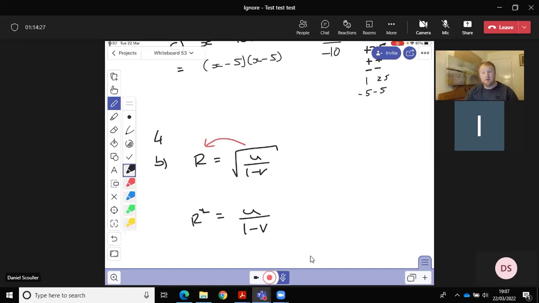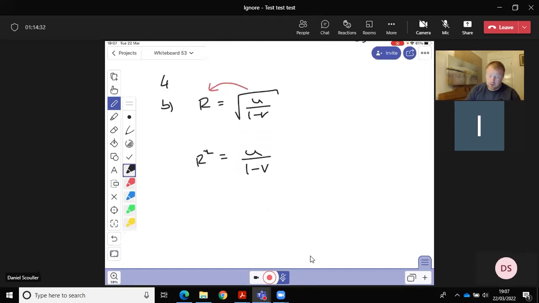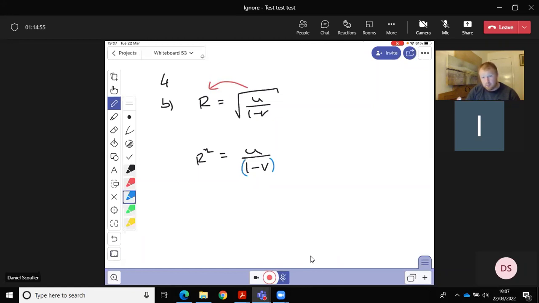Next thing we move across is either the U or that whole part in the bottom. We can't just move the V at this point because it's got an add or a multiply in there, so we need to move the whole multiply or divide, in this case the divide, over to the left hand side.